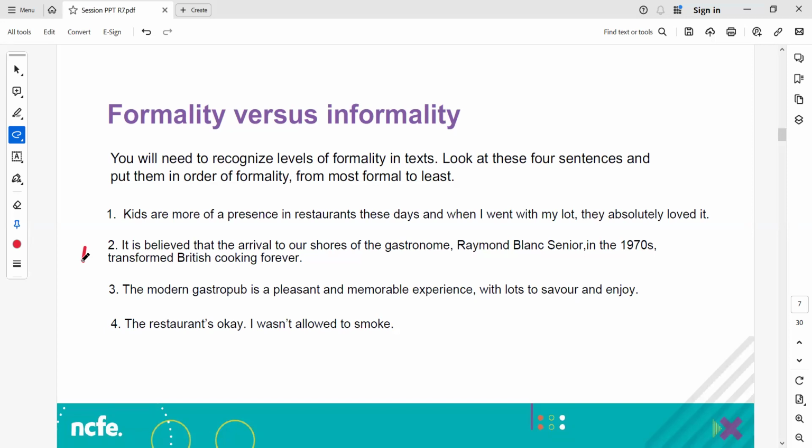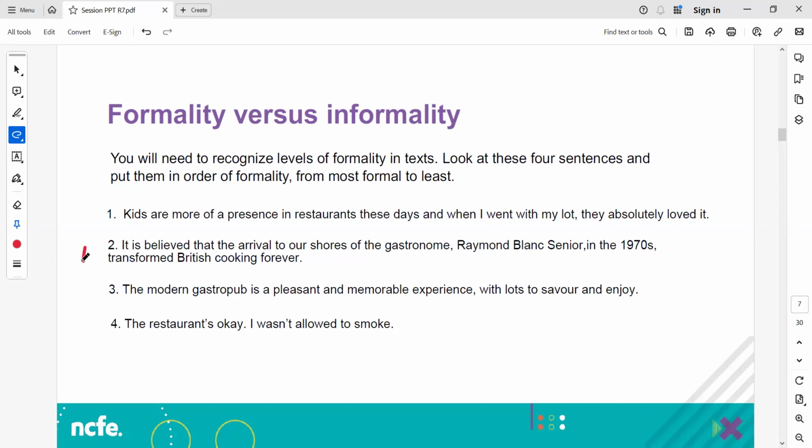The transformation, it transformed British cooking. We've also got information there about the date, the name, and it's a complex sentence. So we've got a subordinate clause there, Raymond Blanc Sr. in the 1970s. Okay, so that is the most formal.